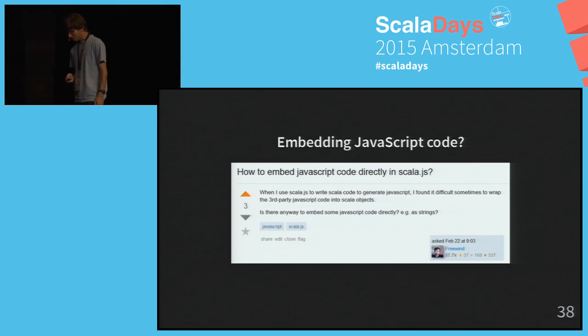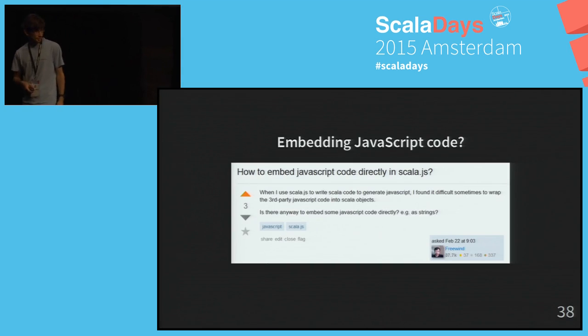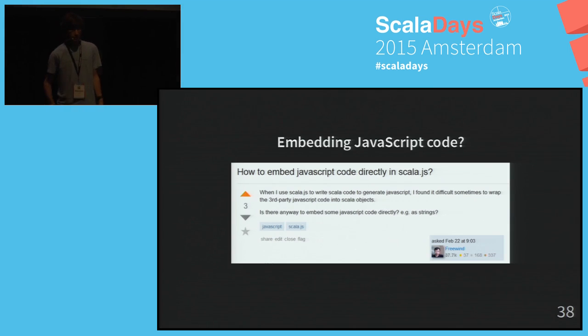Okay, what about embedding JavaScript code? I'm pretty sure this is unreadable, but that's not the point. This was a Stack Overflow question asking, but wait, I just have this JavaScript snippet of code here on another Stack Overflow question. Can I not embed it just in my Scala.js and be done with it?